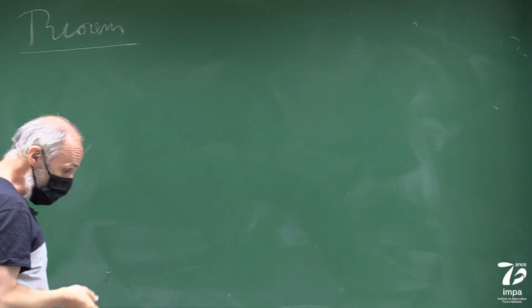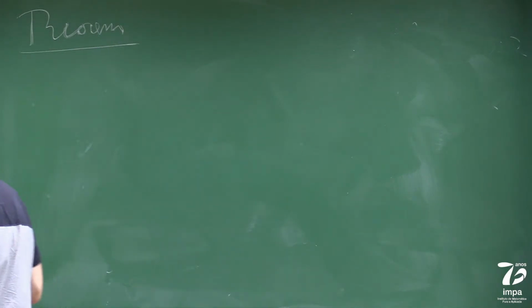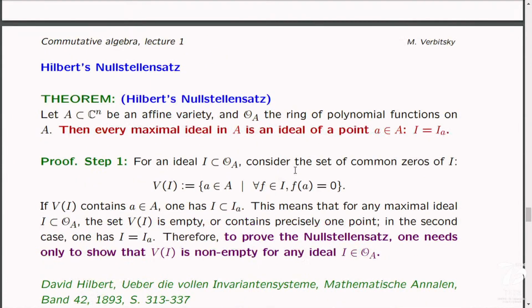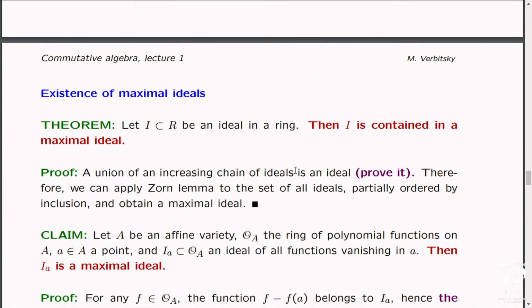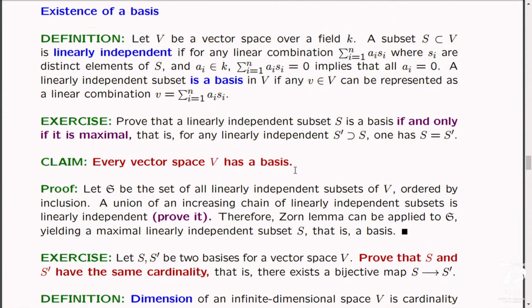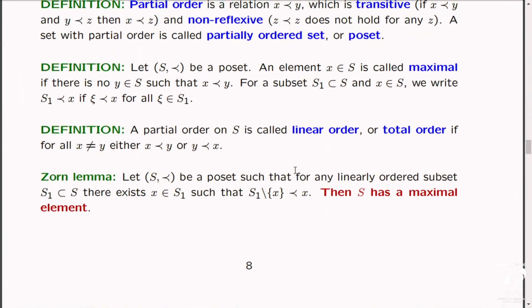Yeah, there was something on the slides which I forgot to tell you about. Maybe it's a good moment to return to it and repeat. The example of a maximal ideal. I think it was there.